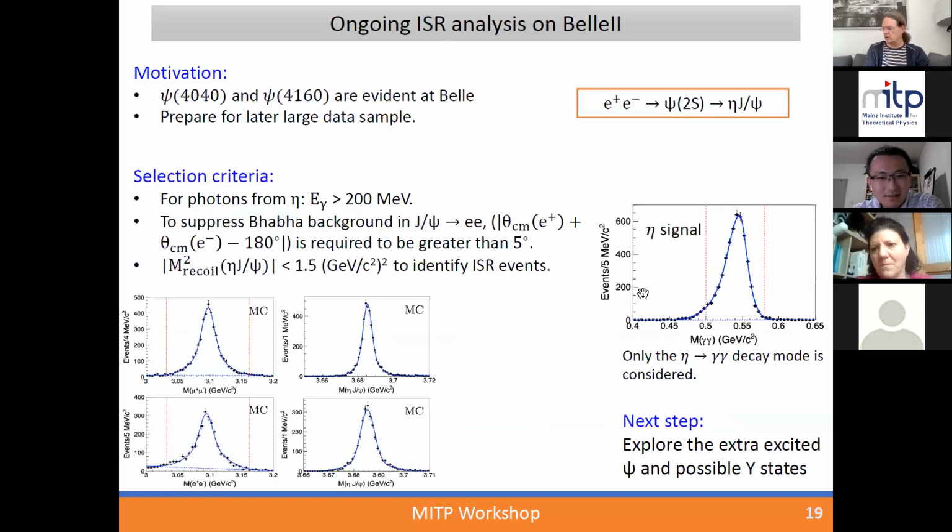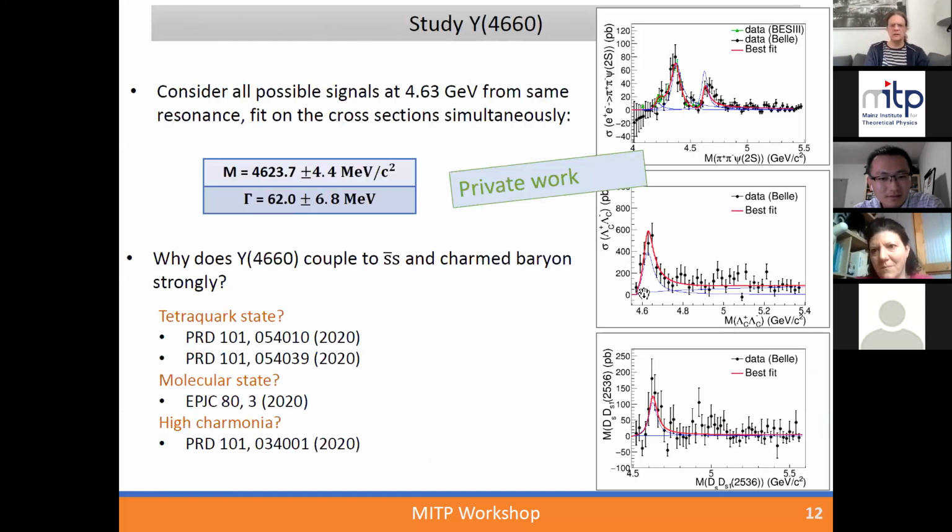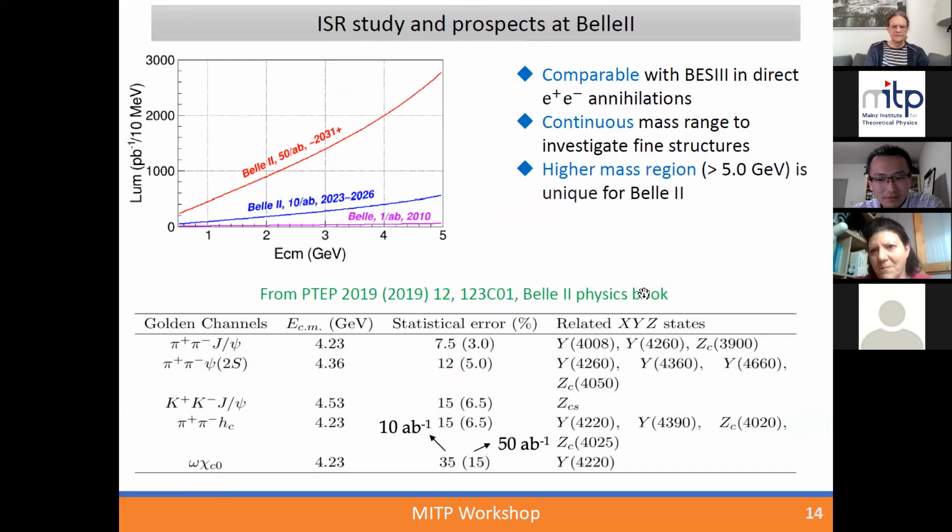If I saw your page 14 correctly, there you have 4220 in the last line. That's supposedly the same state as the Y(4260). So these aren't different states, but the same. So that would be important to acknowledge. Yeah, thanks for this.